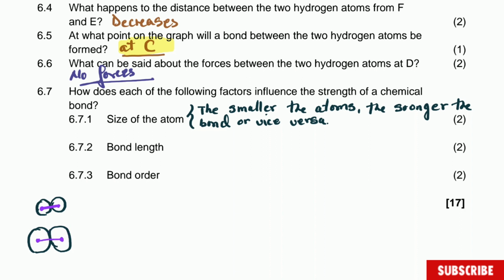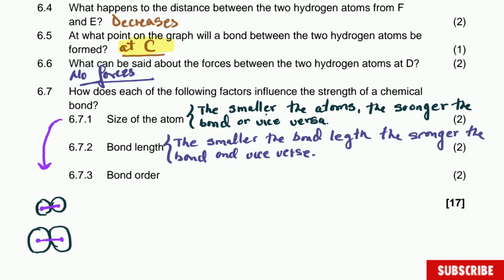The bigger the bond length, the weaker the bond. So that is actually what happened there, guys. You can see there with the representation of the atoms. The smaller they are, the closer they are to each other, and therefore the stronger the bond will be. So the smaller the bond length, the stronger the bond, and vice versa. So this one is quite simple.